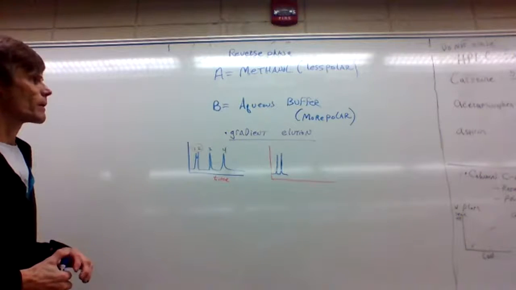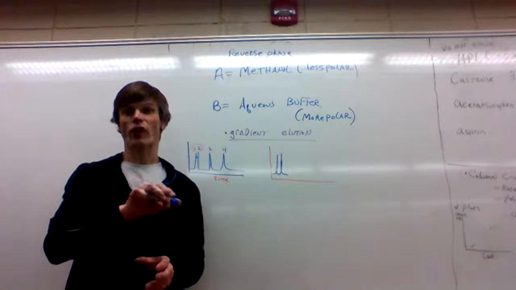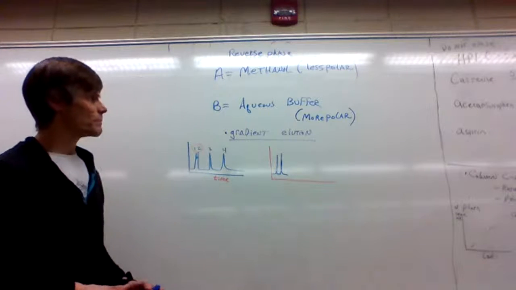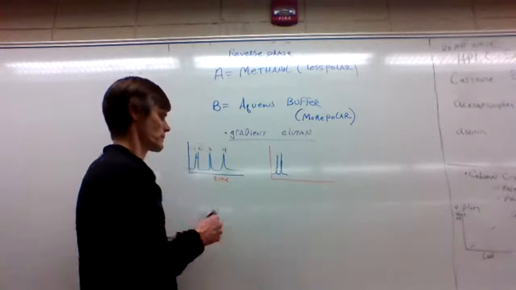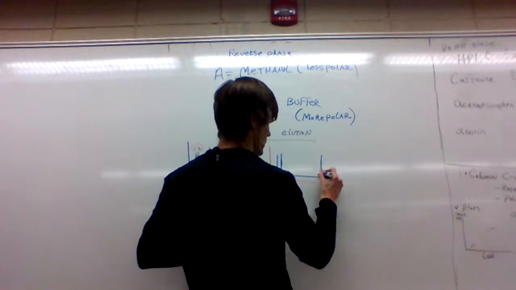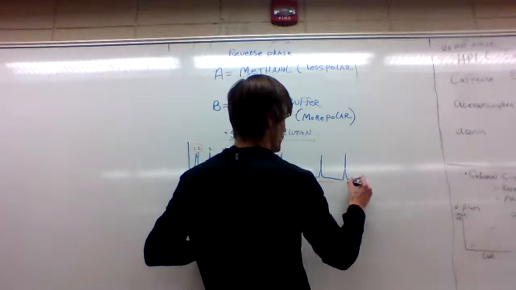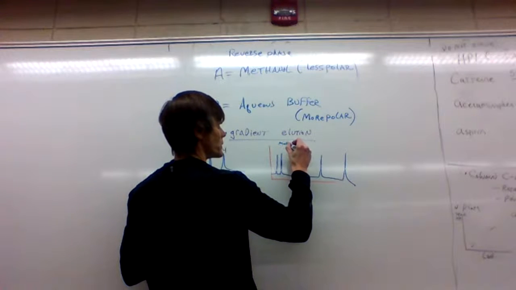Okay? But the problem is 3 and 4 are now going to stay on for a real long time because now we have a more polar mobile phase. There's 3 and there's 4. So this is using a more polar mobile phase.